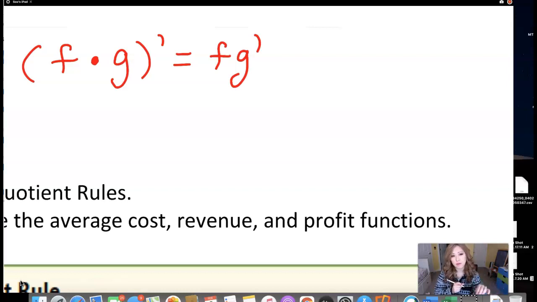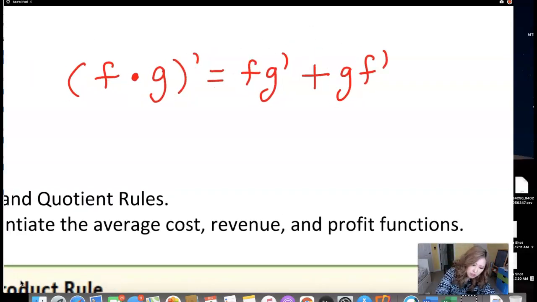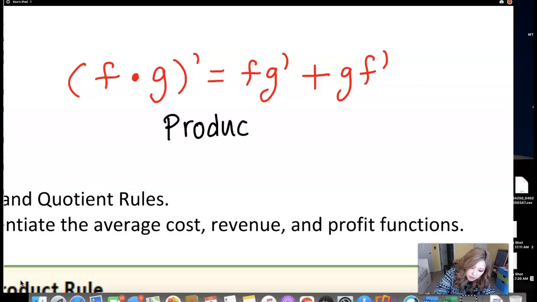The g prime, you take the derivative of g, and then multiply it to that term. Do the plus sign, and then you do the second times the derivative of the first. We'll do this so often, or you will memorize this, that you will get it, but this is the product rule, and I will use this in the next couple of examples.